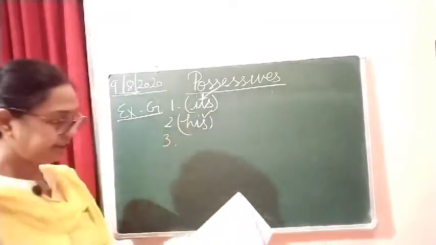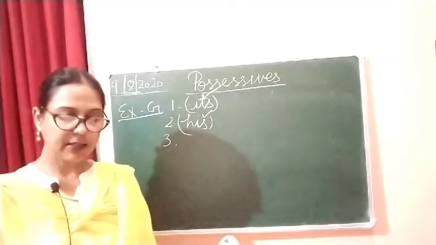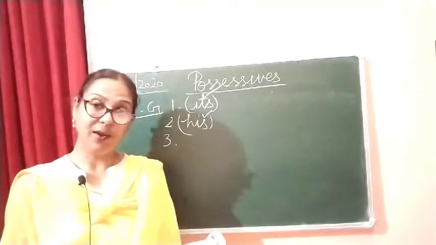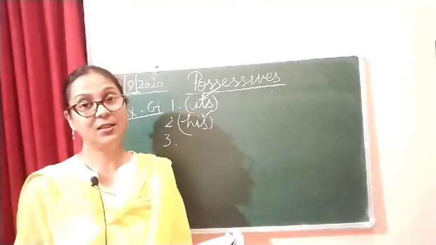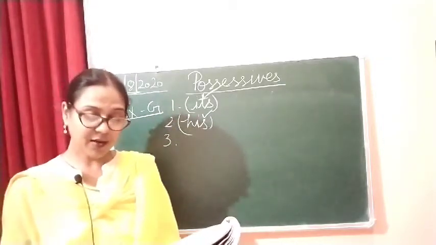In third, we are happy because its or our team has won. Now here the subject is we, this is plural. So we are going to use our over here.